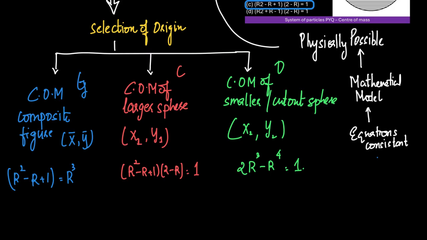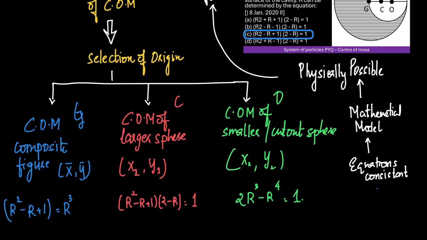If you use the center of mass of the composite figure, what you get is r square minus r plus 1 is equal to r cube. But when you use the center of mass of the larger sphere, C, as the origin, you arrive at the equation (r square minus r plus 1) into (2 minus r) is equal to 1, which overlaps with option C here, which is therefore the correct answer.